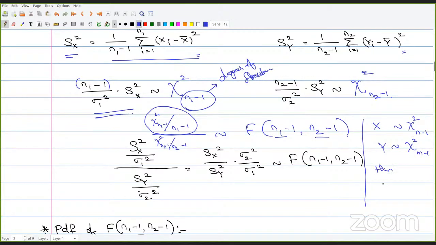Then (x by n minus 1) divided by (y by m minus 1) will follow F with n minus 1 comma m minus 1. You have two chi-square distributions, one with n minus 1 and another with m minus 1 degrees of freedom. Then x divided by its degrees of freedom, whole divided by y divided by its degrees of freedom, follows the F distribution.